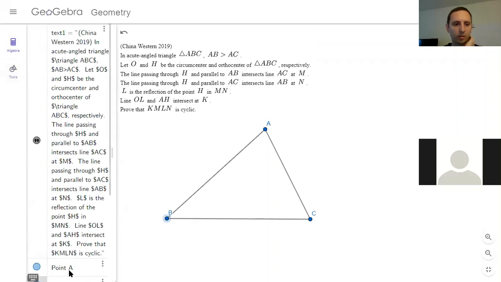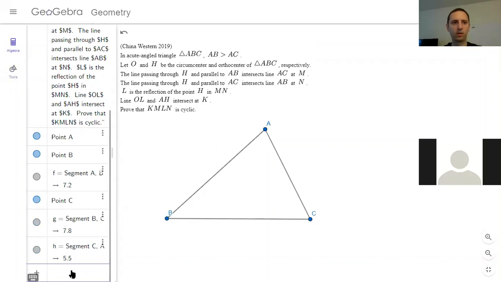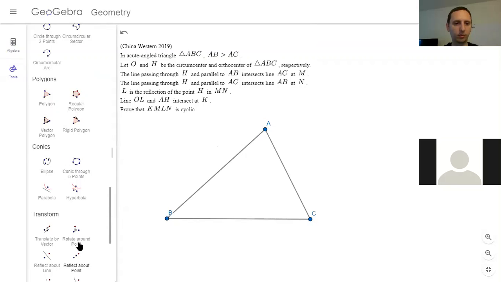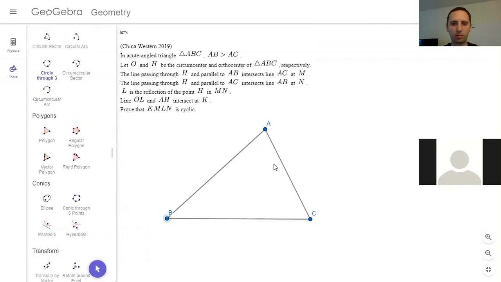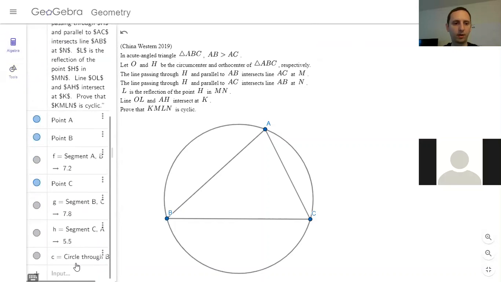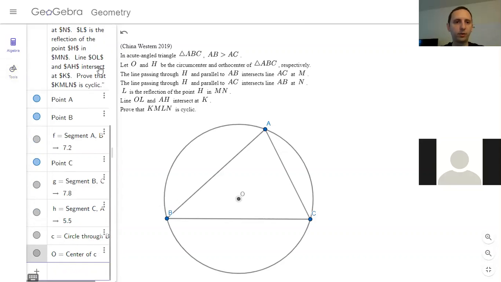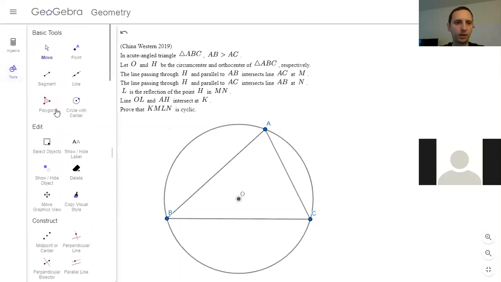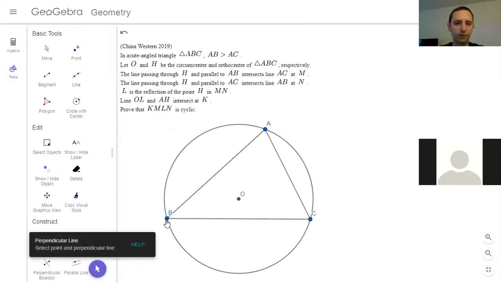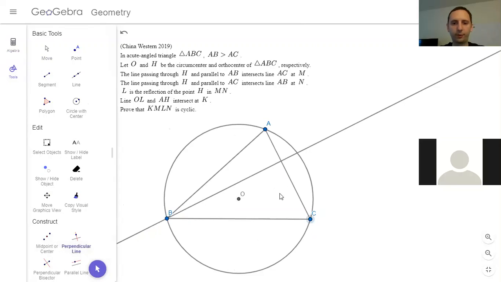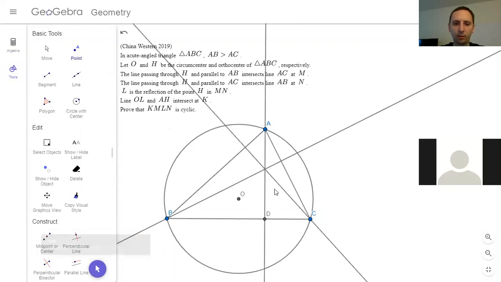Here's the circumcircle, O is the circumcenter, H is the orthocenter. Let's draw the three altitudes. I wish there was an altitude function in GeoGebra, but I don't think there is. D, E, and F I'll let be the feet of the altitudes, and H is the orthocenter.